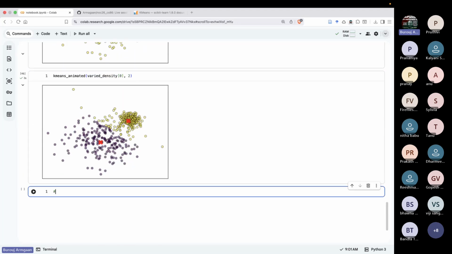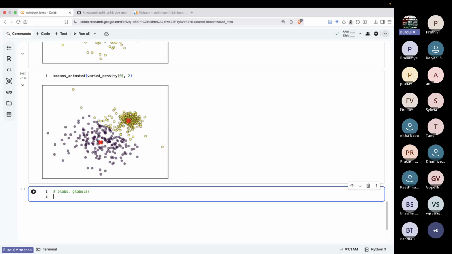So even though the data sets are blobs, they are globular in nature, that is, they have this round structure. We don't call them circles or spheres because you can have multi-dimensional data where you essentially call them a glob. Even in this case, the only problem is that they don't have similar density.